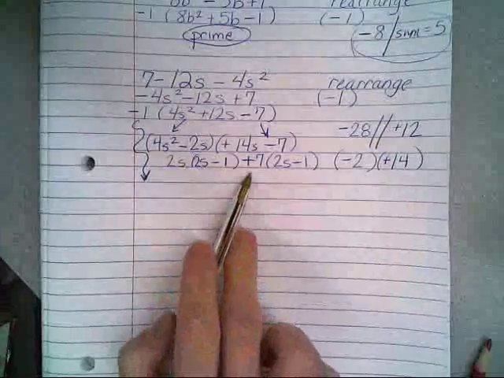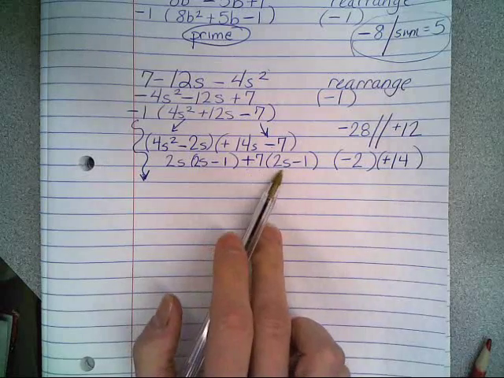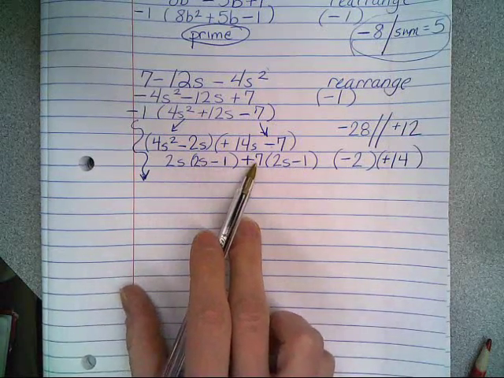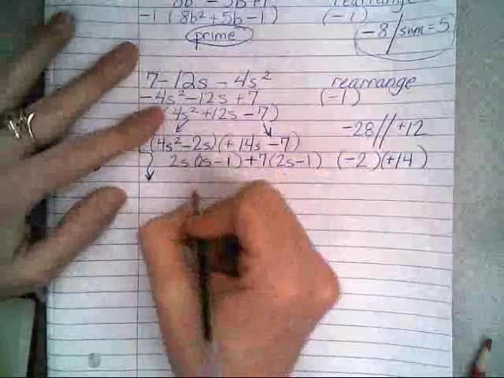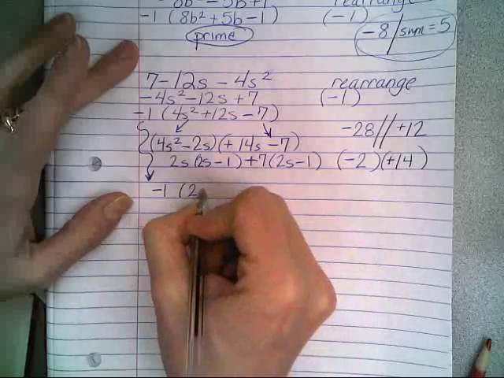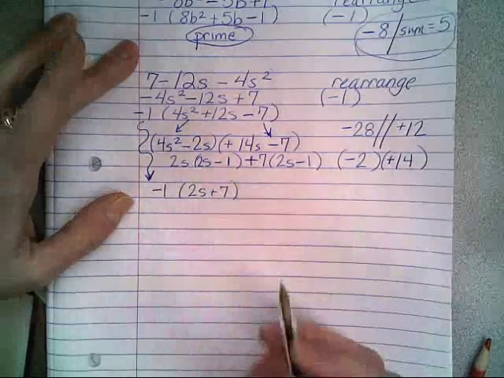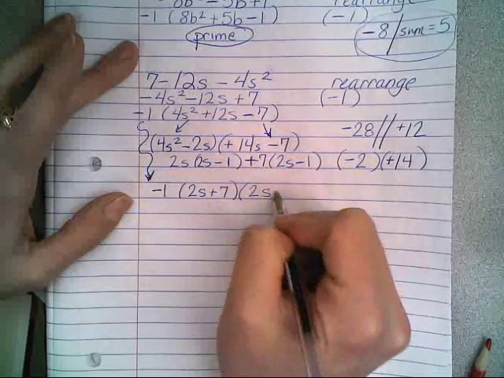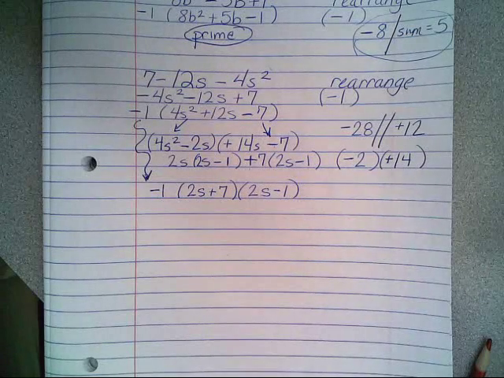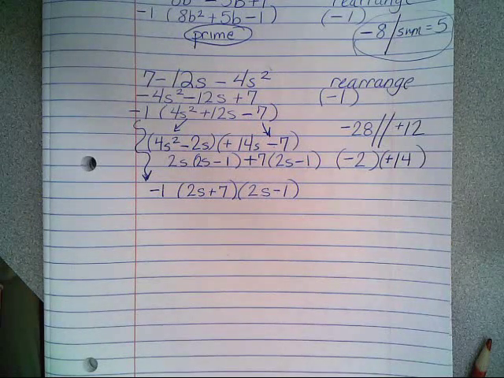Remember, what you pull out of that second piece has to force this to match that. Otherwise, you can't group these items together. So negative 1, group your 2s and your 7, and 2s minus 1. There's your answer. And like I said, you can look at example 4 in your textbook.